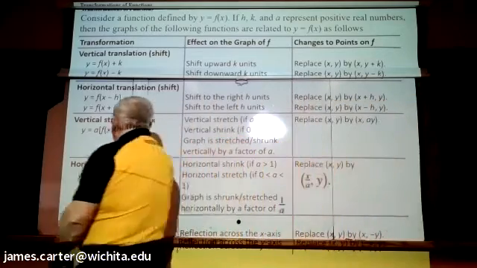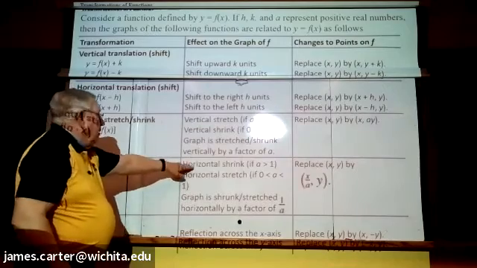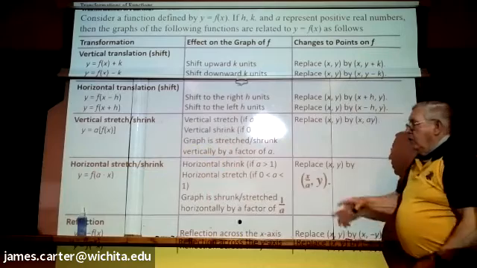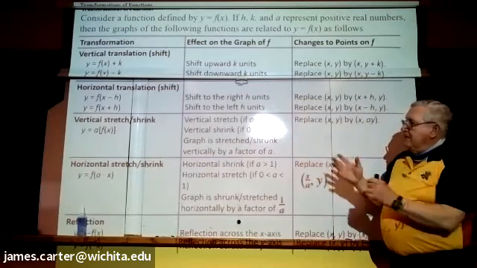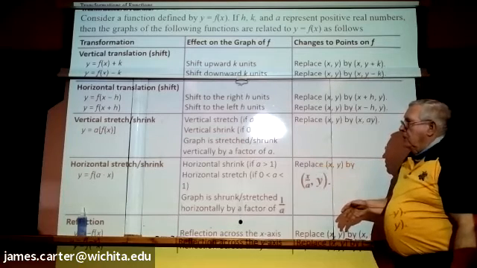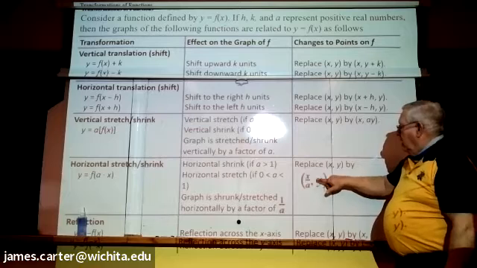Okay, here's your format for horizontal stretch. If it's a positive number, now notice this one. This is the effect of horizontal stretch and shrink. Easy for me to say.